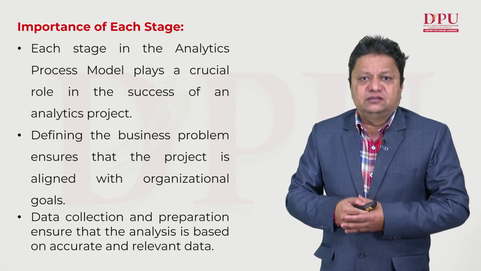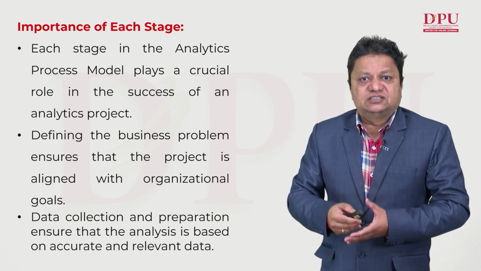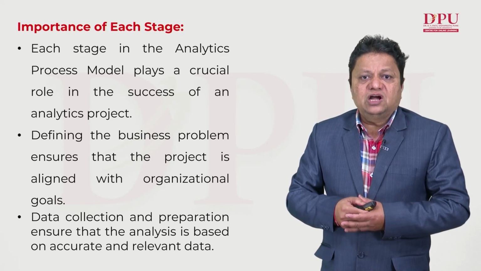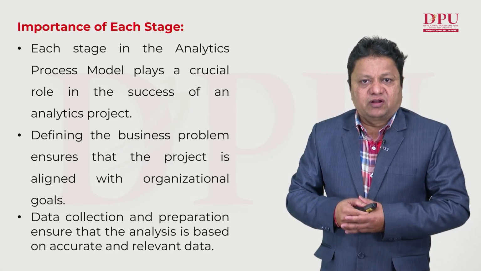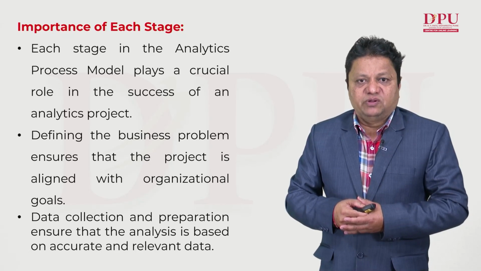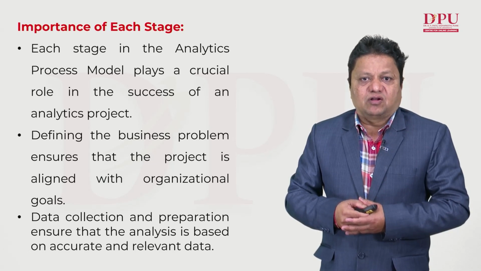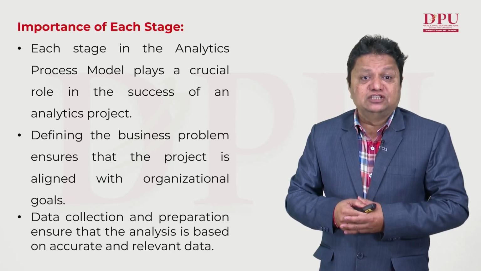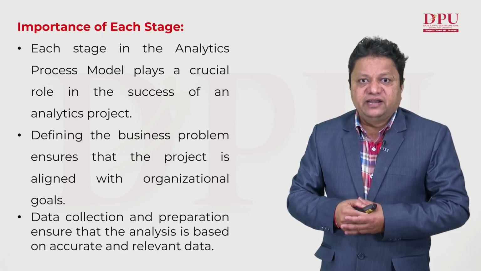When you define the business problem, we need to ensure that it is aligned with the organization's objective. Defining a wrong business problem will lead to a wrong solution that will not align with organizational objectives. So, we need to ensure that the business problem is very much matched with the business or organizational objectives.